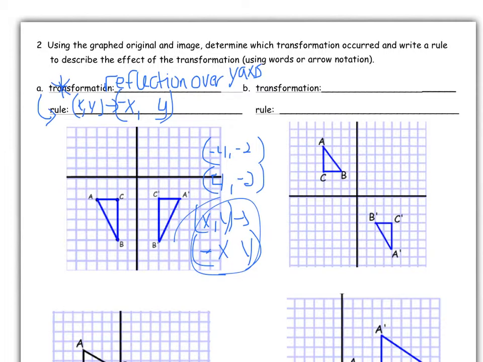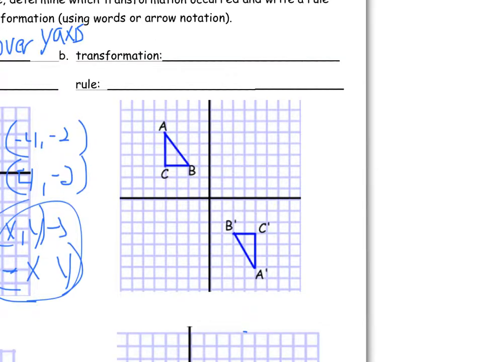Okay, so for example, here if I write one of my ordered pairs, I'll start with B. So that's -2, 3. My B prime is 2, -3. So from our original x, y, we didn't change the order, we just changed the sign.